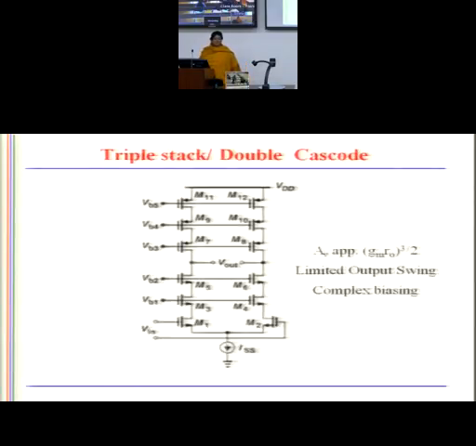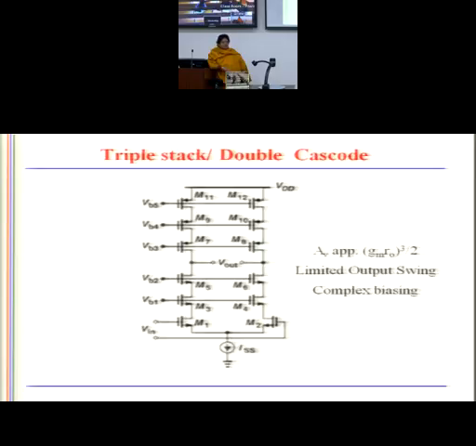That is a triple stack or a double cascode. We do not use this. It is never used because how many transistors do you have in one single arm? 7. And to bias, suppose each transistor requires 0.2 volts.